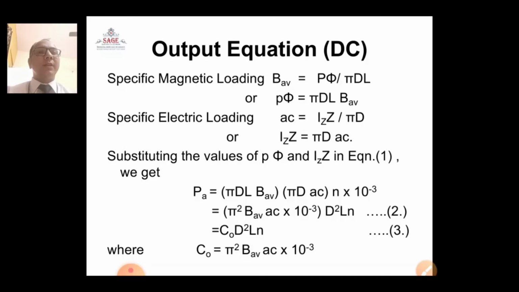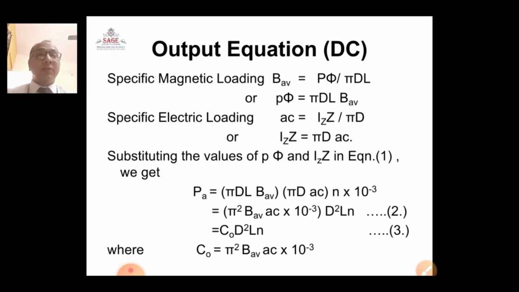Simply substitute in place of P phi and in place of Iz into Z from the knowledge of specific magnetic loading and specific electric loading: P phi equals pi D L into B average, and Iz into Z equals pi D into AC.